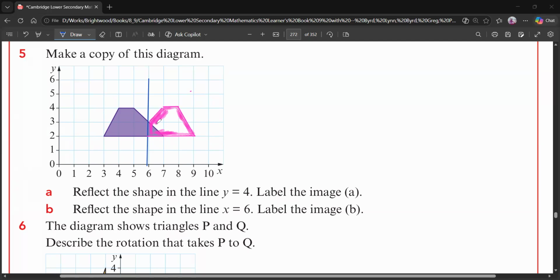I just color it. No need to color. I just color for understanding. You can get the idea if I color it.